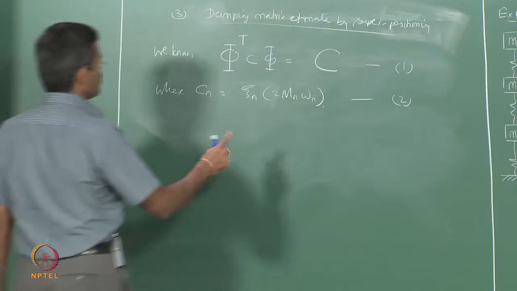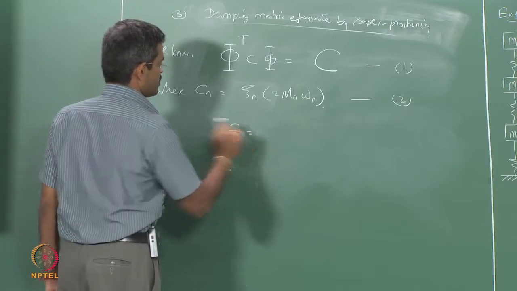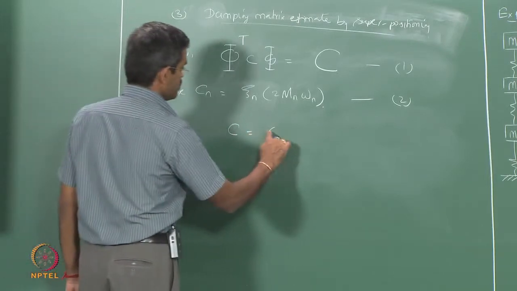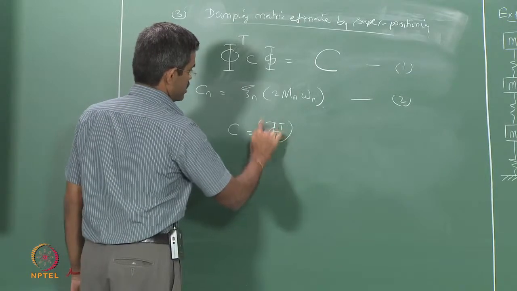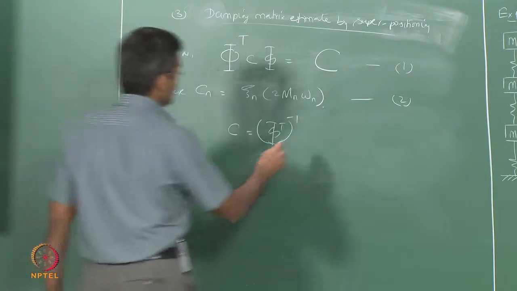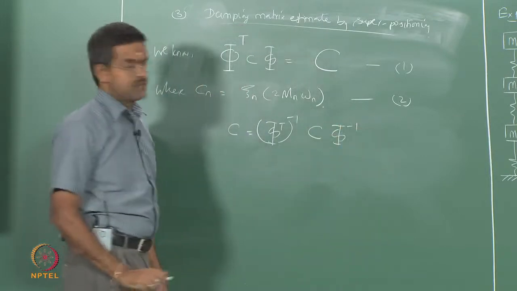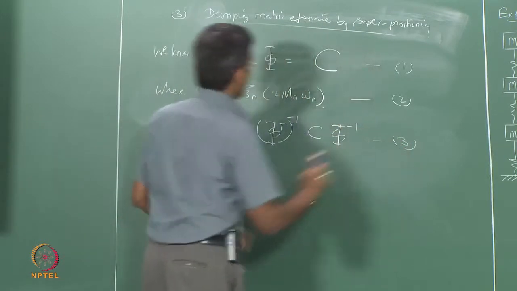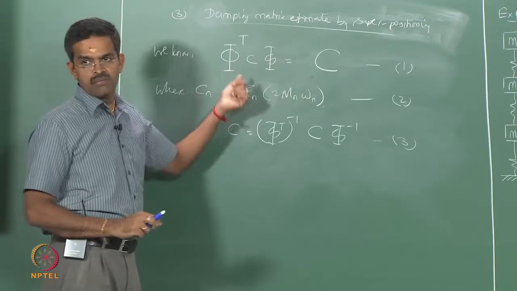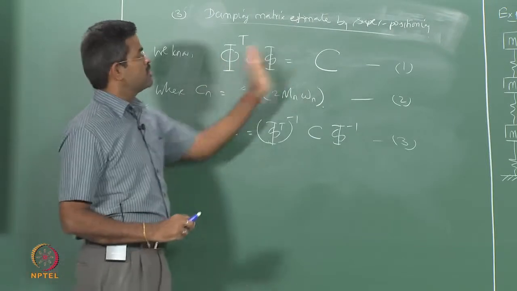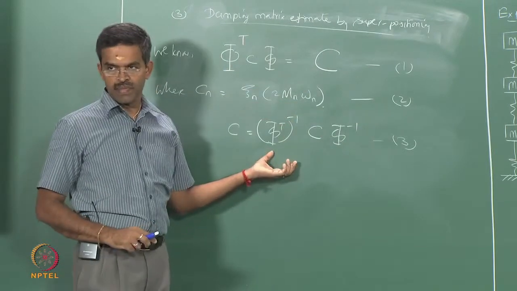So from equation number 1, if you want to really find the coefficient, I must say phi transpose inverse C phi inverse. This is equation 3, because I am pre-multiplying and post-multiplying the inverse of this, so I get identity. I do the same thing on the right hand side, I get this.